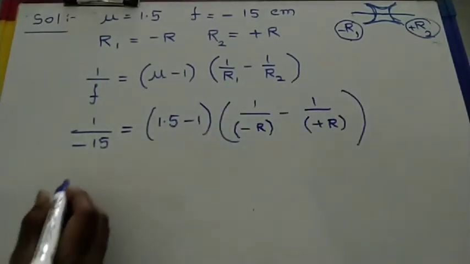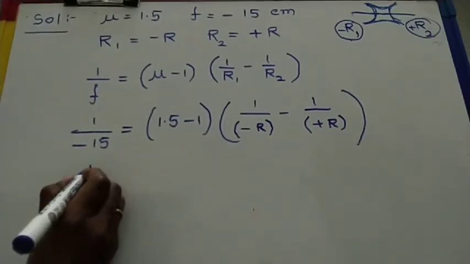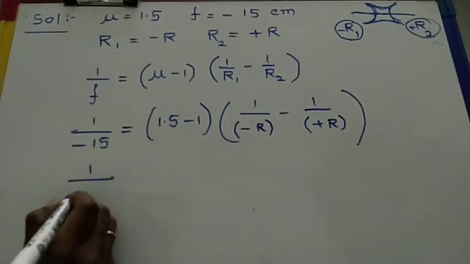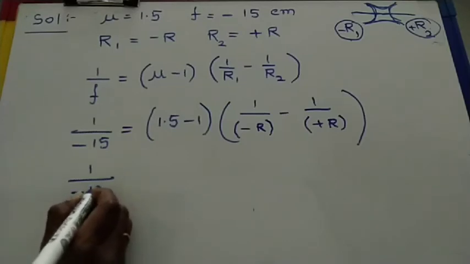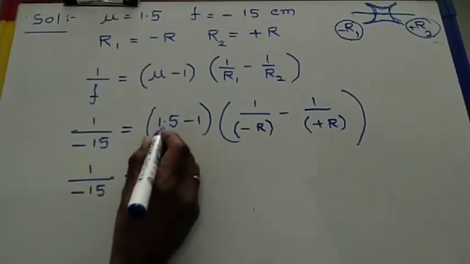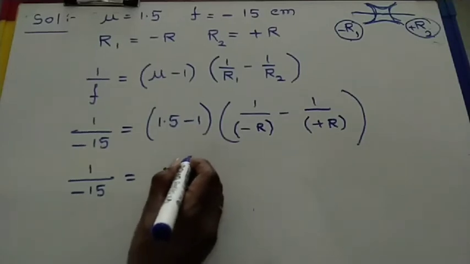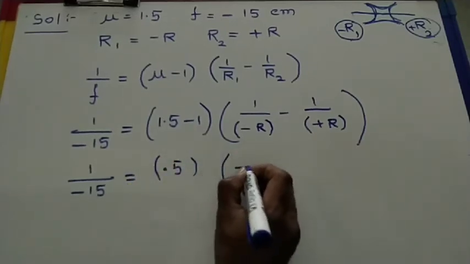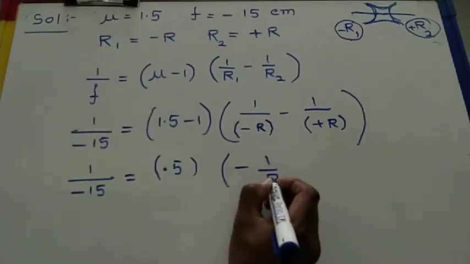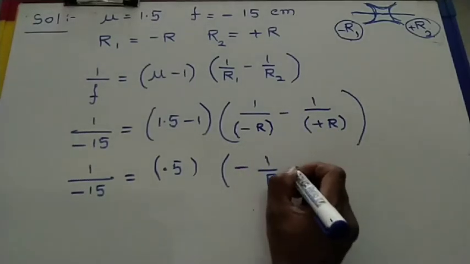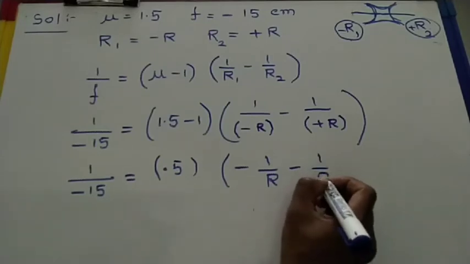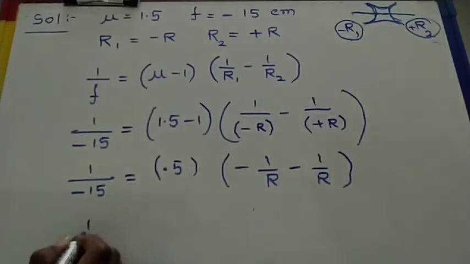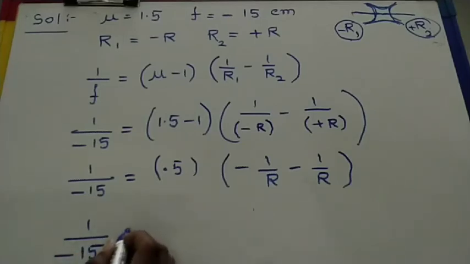Therefore, 1 by minus 15 is equal to 0.5 into (minus 1 by R minus 1 by R), that is 1 by minus 15 is equal to 1 by 2.